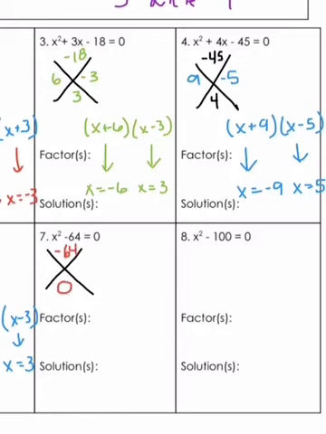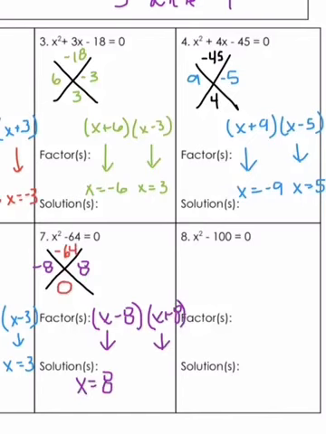And the only numbers that add to be 0 would be opposite numbers. So we're going to have a negative 8 and a positive 8. So your factors are x minus 8 and x plus 8. So your solutions are x equals 8 and x equals negative 8.